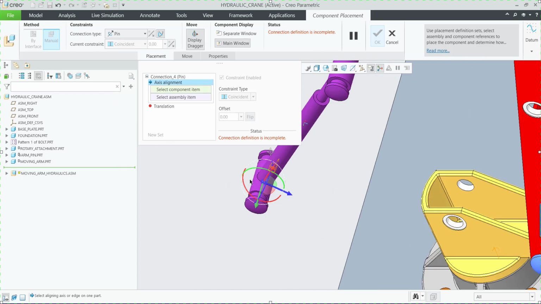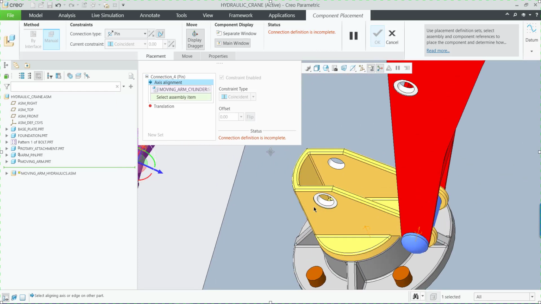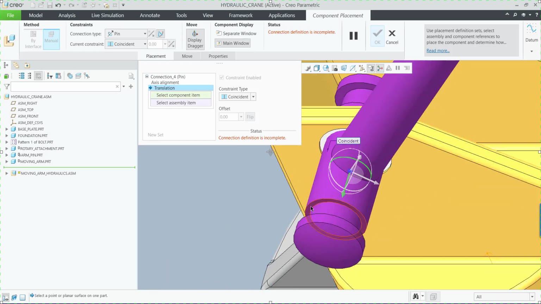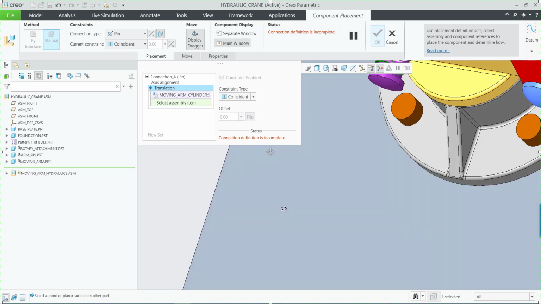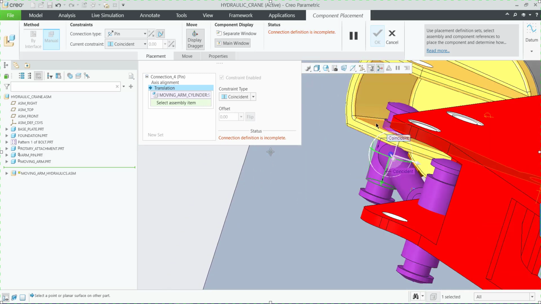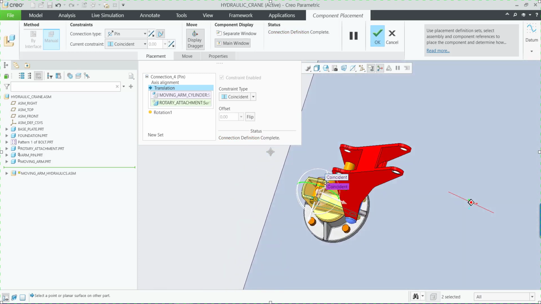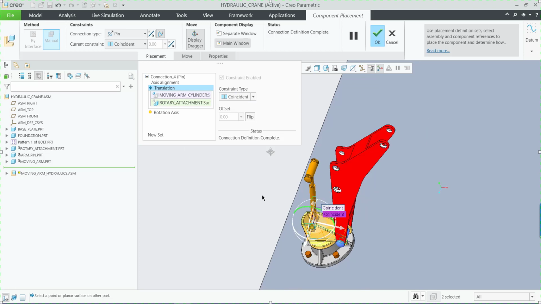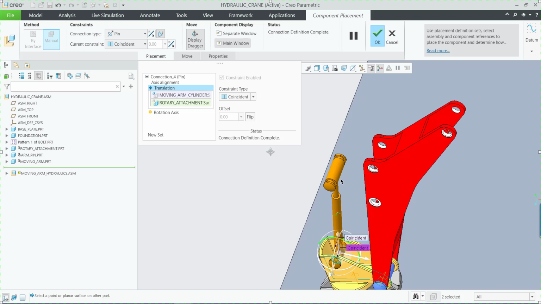So for axial alignment I would match this surface with this hole surface, and for translation I would match this surface with the inside surface of that yellow part, this surface. So that way I have got the constraint created for the translation, and in that way I have got the pin connection. So it is supposed to rotate about this hole, but then the question comes: what about the connectivity between this pin and this hole?